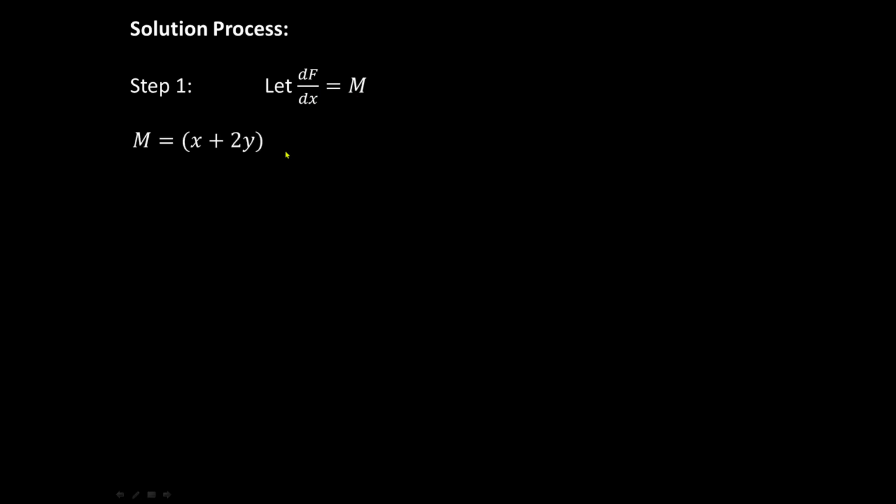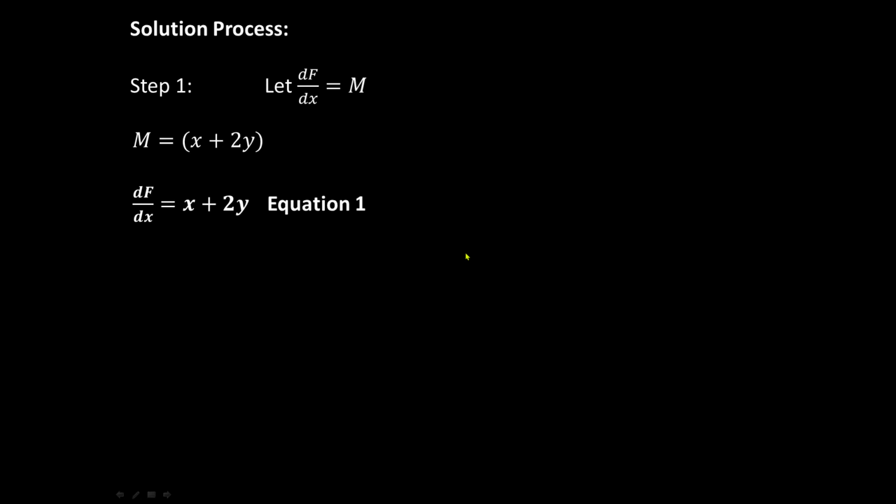Can you follow? Nakakasunod ba? Okay. Proceed. And then, equate natin yan, ang value ng m, sa df over dx. And this is going to be our equation 1. Klaro?